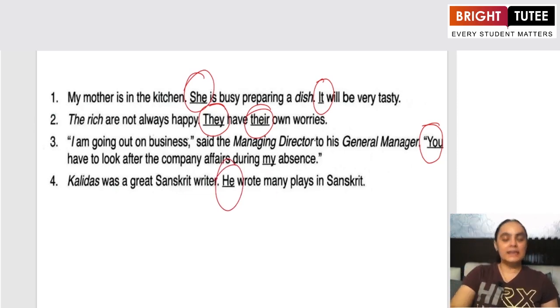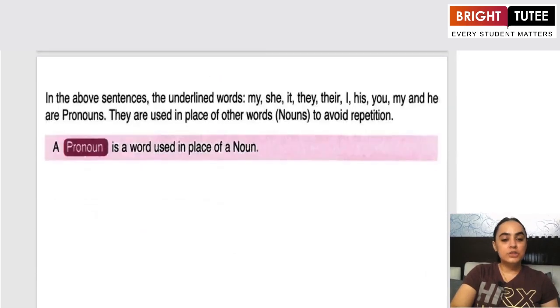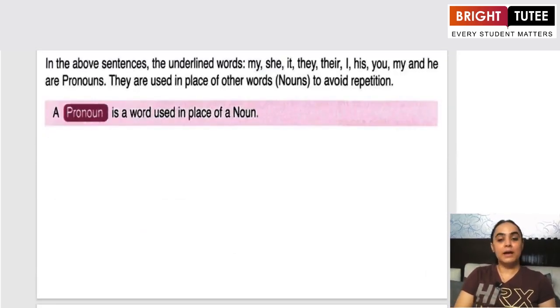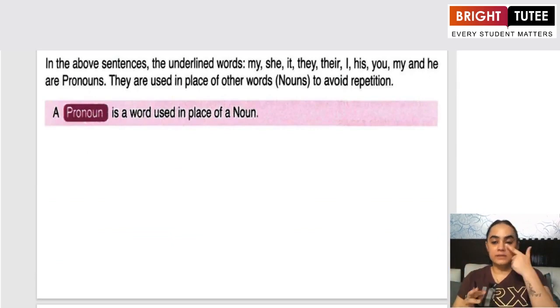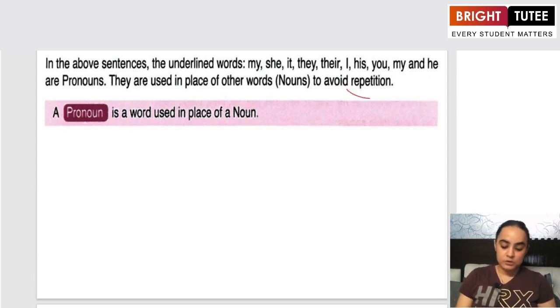So basically, those words that we use to replace my nouns, he, she, it, they, their, you, my, all these words are pronouns, and as I told you, the reason why we use pronouns is to avoid any sort of repetition. In order to avoid the noun being called out again and again, we use a pronoun.